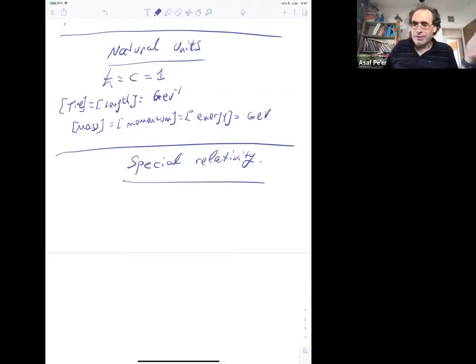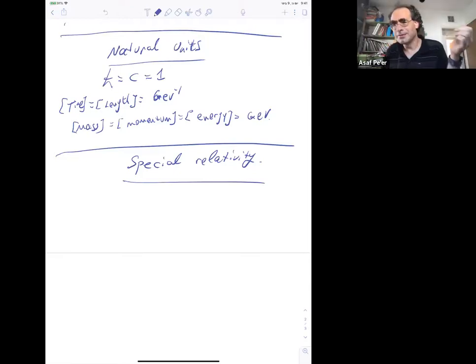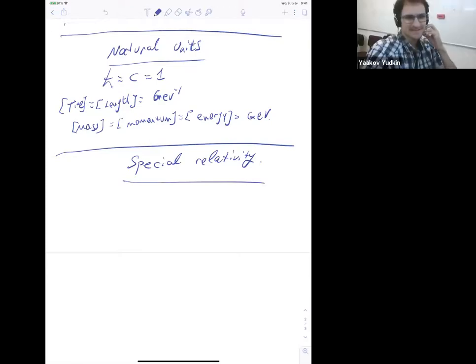So special relativity, as you know, dates back to when? 1905? No. 1895? Well, technically Maxwell's electromagnetism already entails all of special relativity.